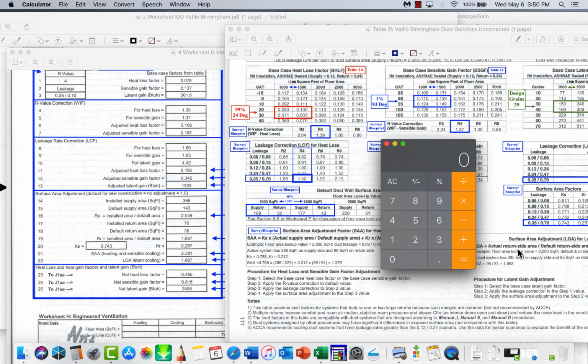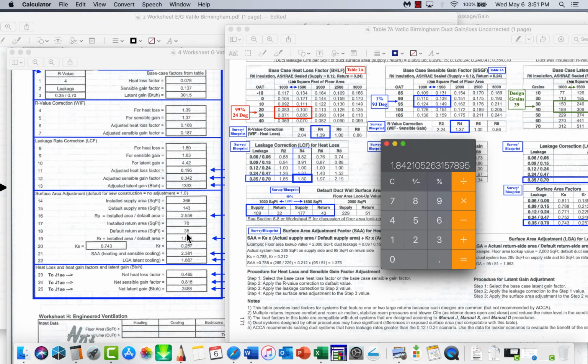All right, so it says actual return side area, and their return side area was 70, divided by their default return side area. They said their default return side area is 38, and there you go. They got 1.84. So a little bit of a difference.